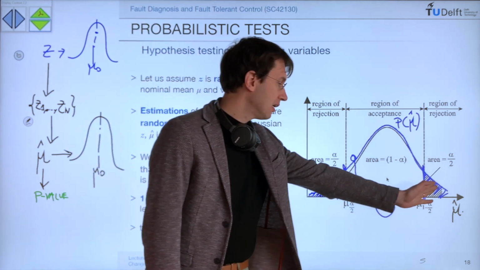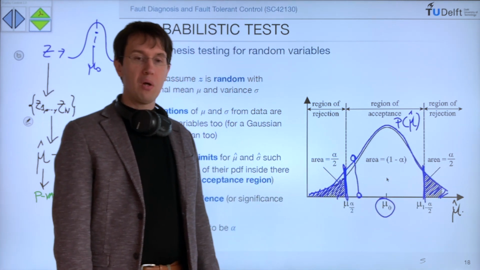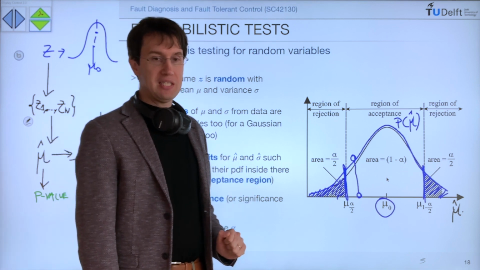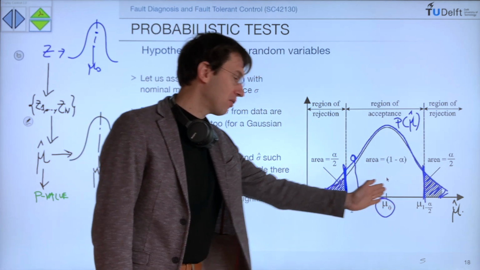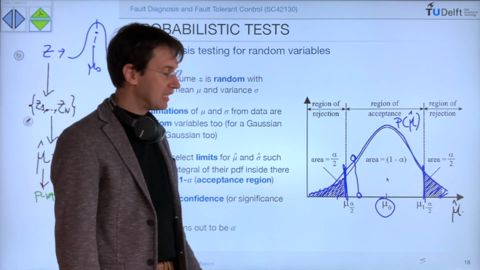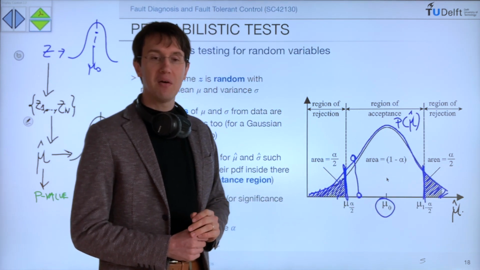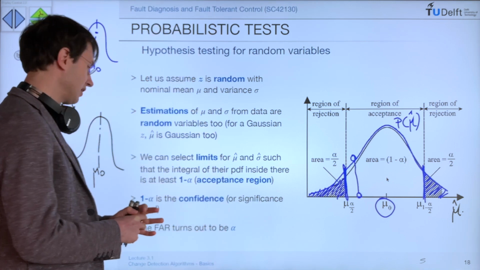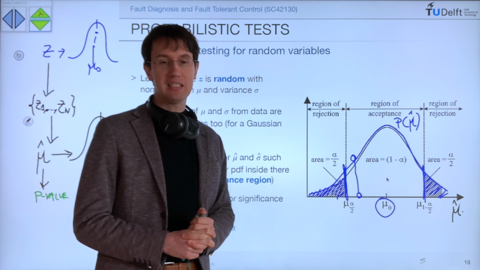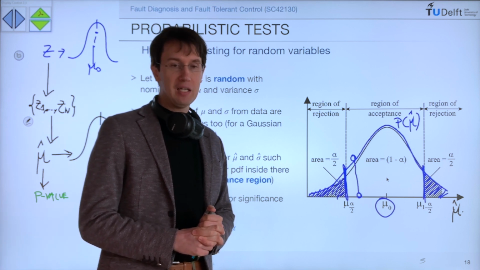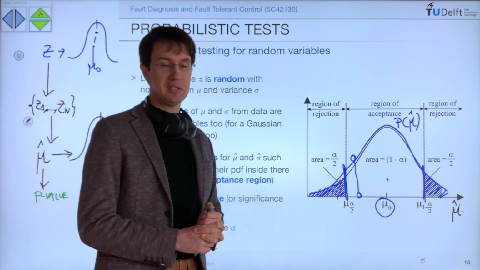But if I am on the right, the p-value is equal to 1 minus the CDF, because the CDF is the probability of being there or on the left. But in this case, I want the probability of being there or on the right. So I need to take 1 minus the CDF. In most of the software that implements hypothesis testing, this is already taken care of. But if you want to write your own code, please take into consideration this small detail.